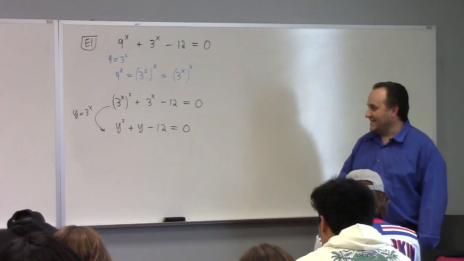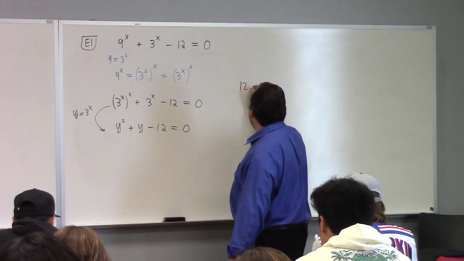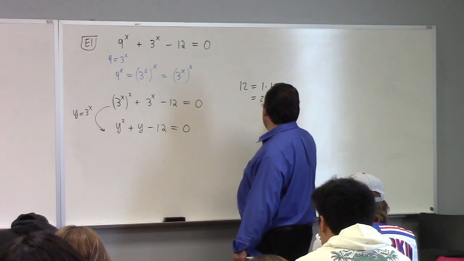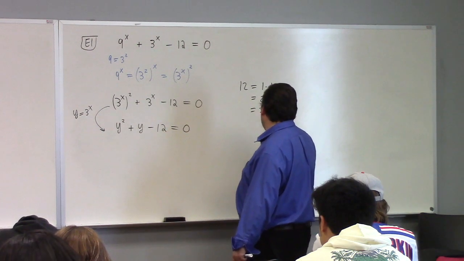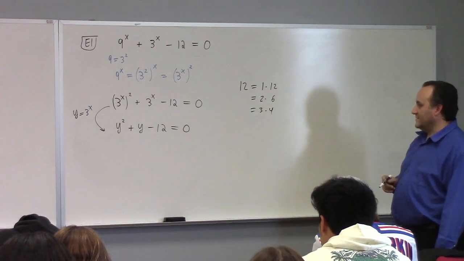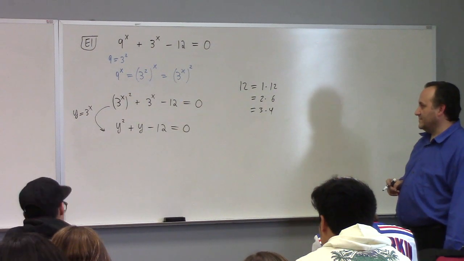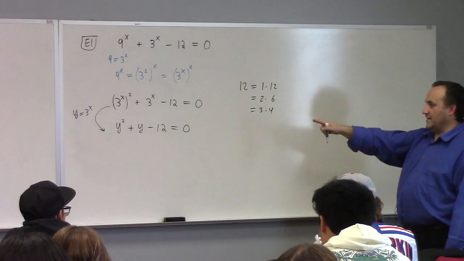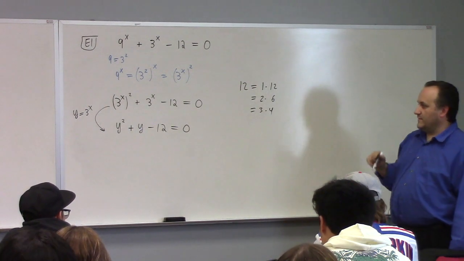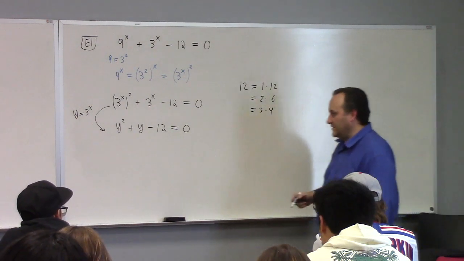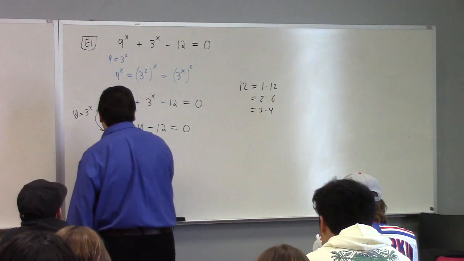Take 12. 12 is 1 times 12, it's 2 times 6, it's 3 times 4. I like 3 and 4 because we've got a coefficient of 1, and we want the 4 to win because we want a plus 1.